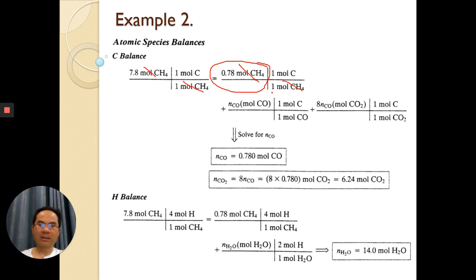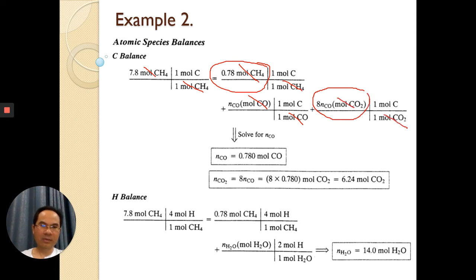mole of carbon in CO. 1 mole CO includes 1 mole carbon, and the CO output is NCO. Mole CO cancels, you get moles carbon. And carbon in CO2: 1 mole CO2 includes 1 mole carbon, and CO2 output is NCO2.